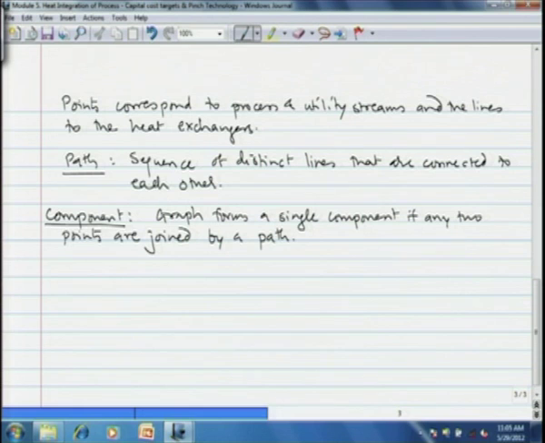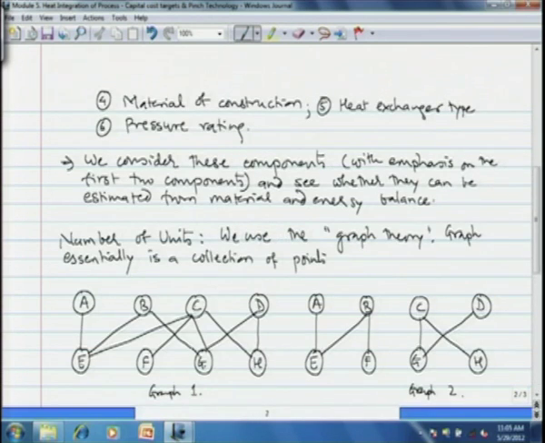Now, if you try to identify the components in the two graphs that we have seen, we can say that in graph 1 there is a single component because any point in this graph is joined to another point. Okay. So, any 2 points are joined by a path. However, in graph 2 there is a distinct separation.